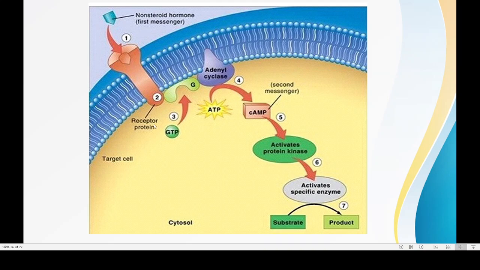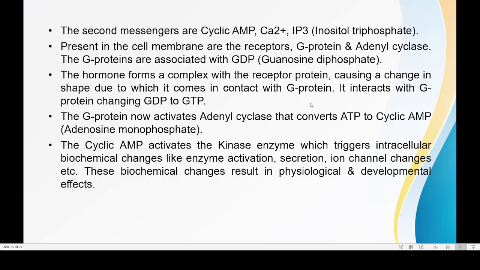Then you can also see that before the formation of cyclic AMP, a few other molecules, GTP and adenyl cyclase, are also involved. Using the energy released by ATP, they are ultimately converted into cyclic AMP. This is how the whole process works.